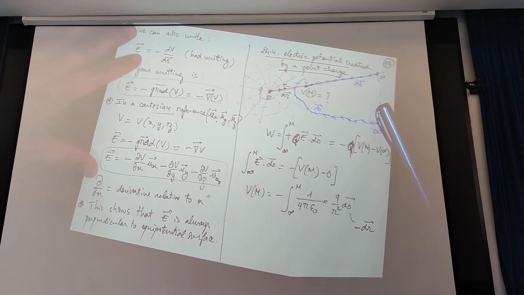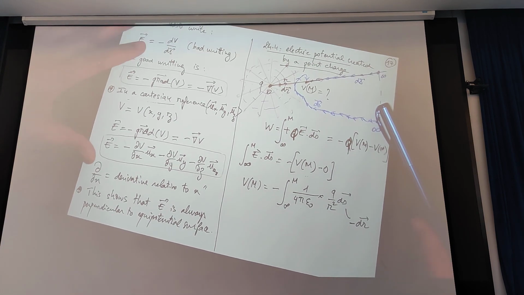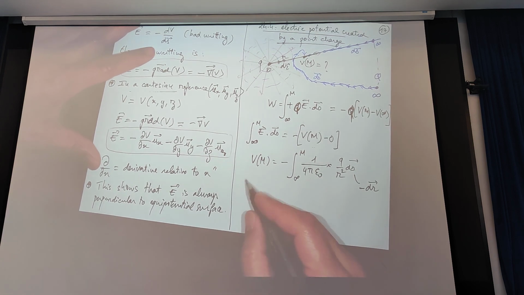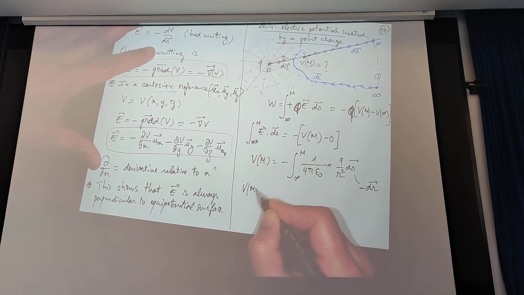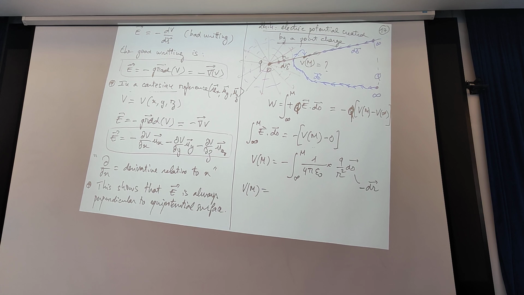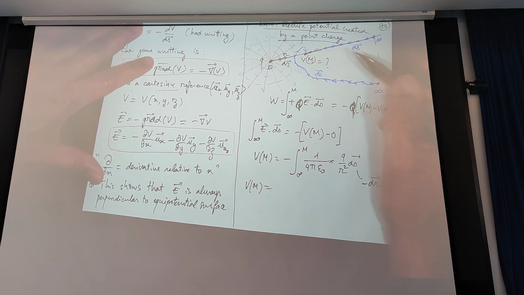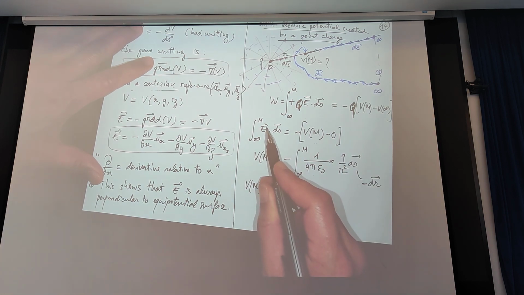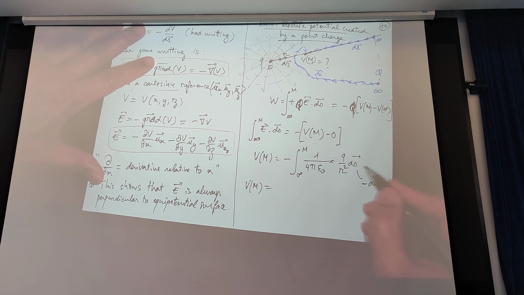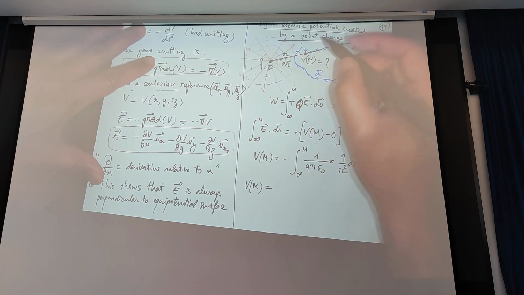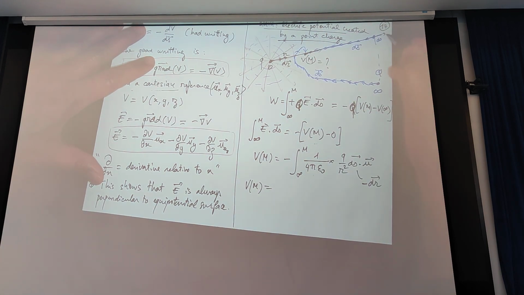So at the end we have the potential. Oh, sorry, yes, here the vector u, there is a dot product, the dot u is here.